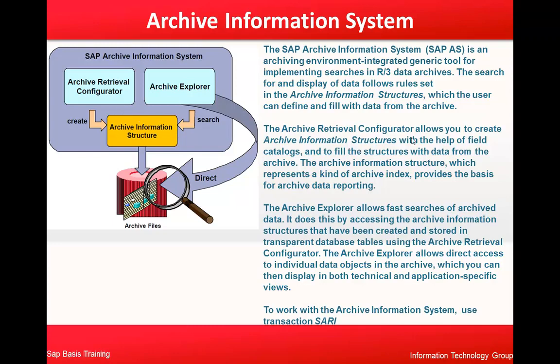The archive retrieval configurator allows you to create archive information structures with the help of field catalogs and to fill the structures with data from the archive. Okay. To work with the archive information system, you can use the transaction called SARI.